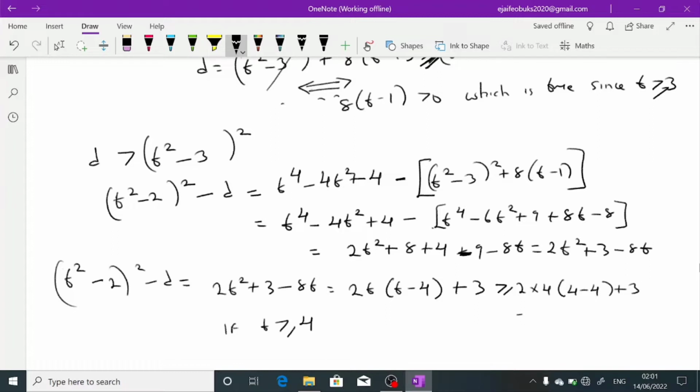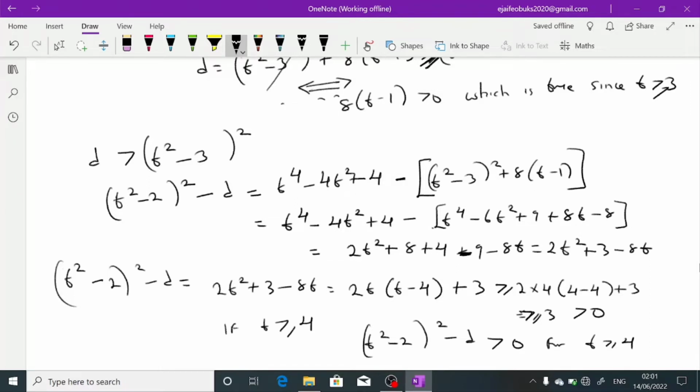This is 8, greater than or equal to 3, greater than 0, right? So we see that t square minus 2 all squared minus d is greater than 0 for t greater than or equal to 4.